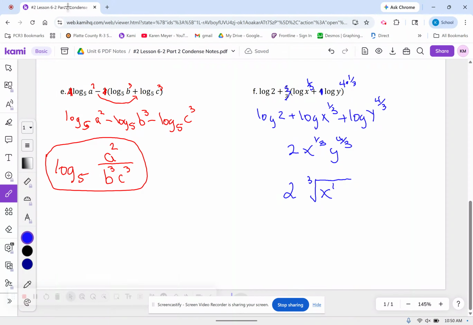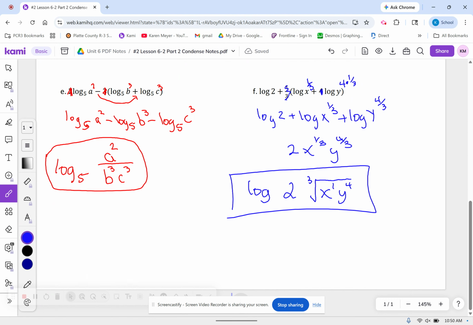And for the y, you're going to notice that it would have a power of 4 on the inside, and it would have an index number of 3 on the outside. So the x part and the y part both go under the same root because they both have the bottom number of 3. And then we're just going to come out here and put log in front of that, and we are finished.